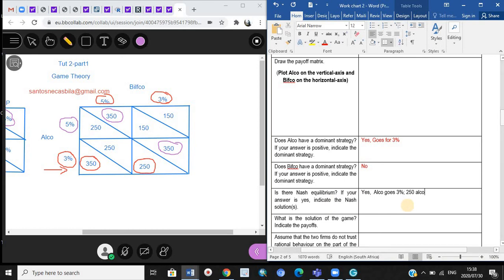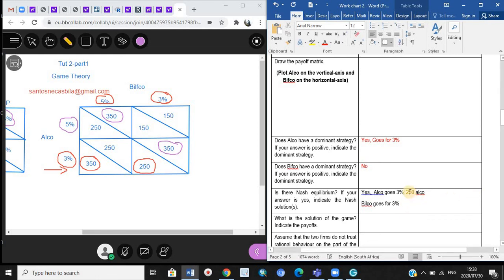Then we will also say Bilfco in this case goes for 3%, which is 350.